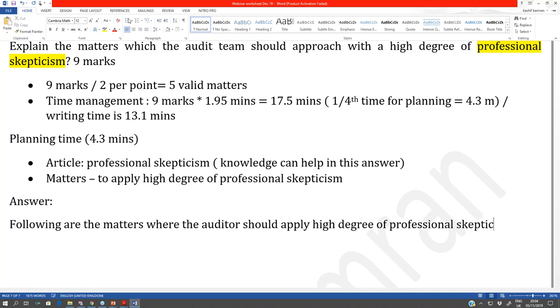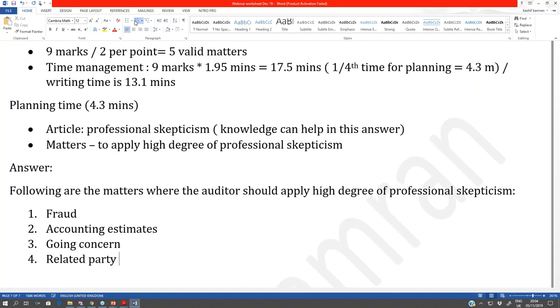And you apply the rote learned list given by the examiner. Number 1, fraud. Number 2, accounting estimates. Number 3, going concern. Number 4, related party transactions. And number 5, compliance with laws and regulations. And you come happily out of the exam hall thinking that you've done justice with the answer.